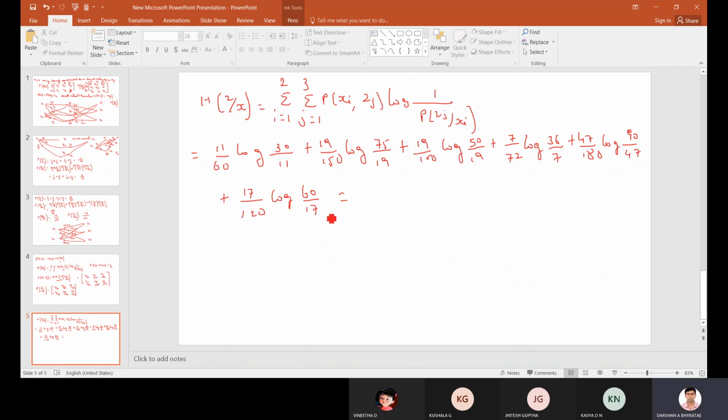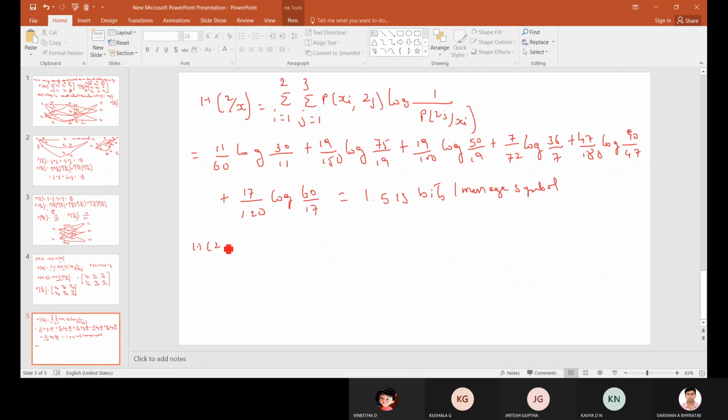After simplification, what is the value of H of z by x? The answer is 1.513 bits per message symbol. Okay, so next determine H of z.